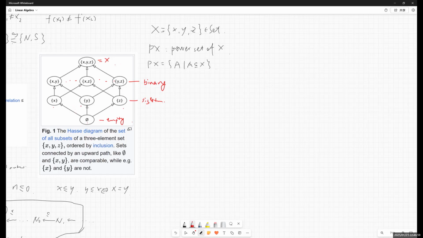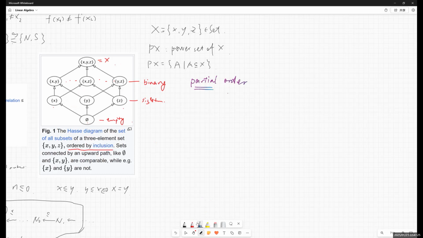So it's interesting that here is a partial order relation, ordered by inclusion, and it became a partially ordered set. So what's the meaning of partial?